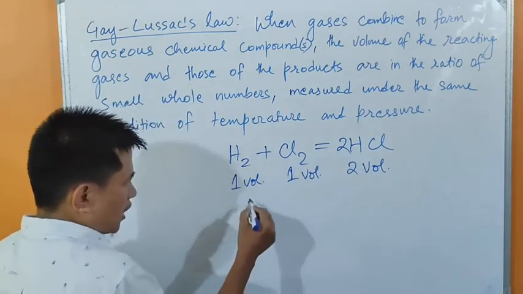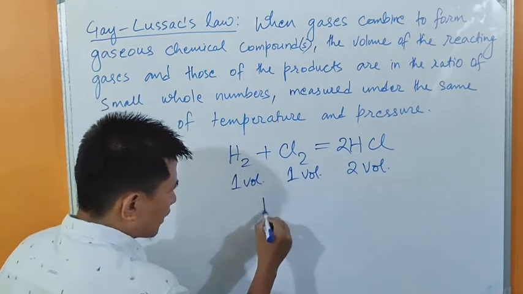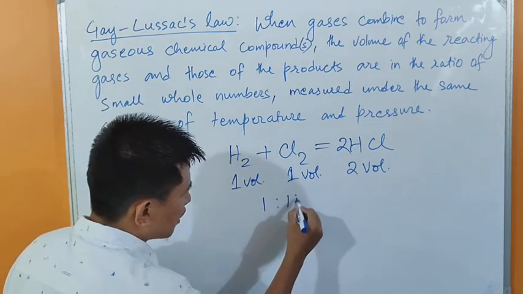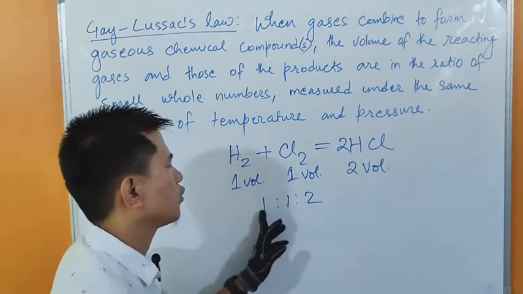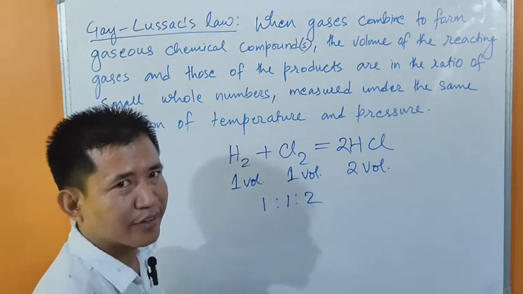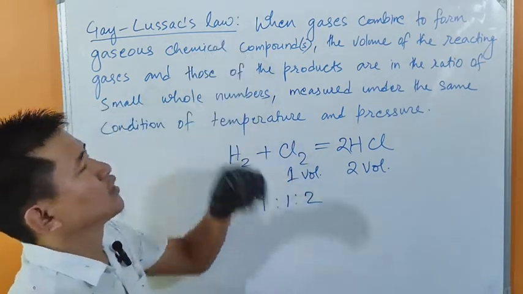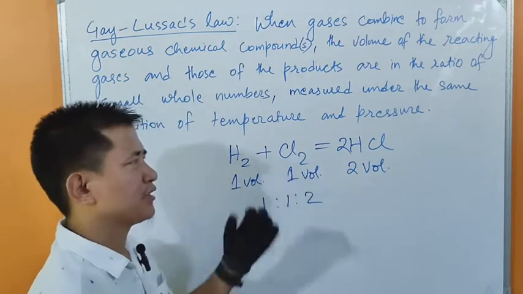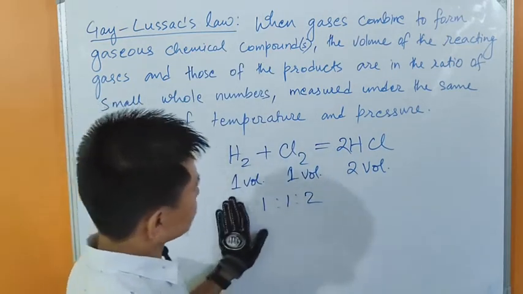Okay, the volumes are in the ratio of small whole numbers. These are whole numbers, 1:1:2. Okay, this is what Gay-Lussac's law tells us. It's very simple.